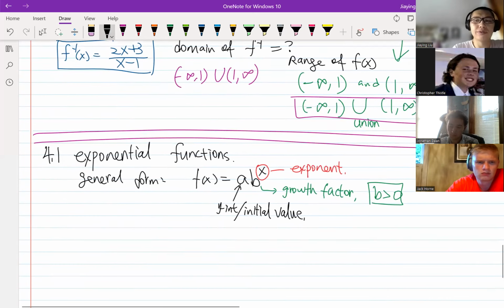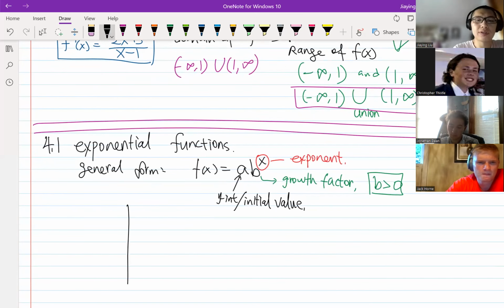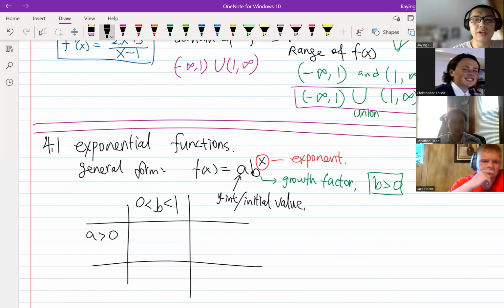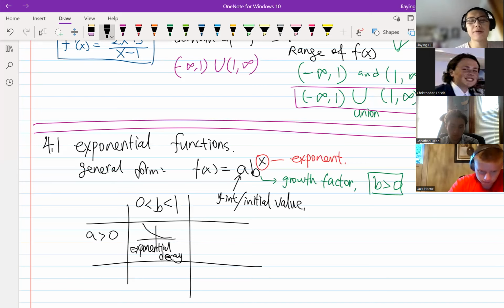All right. So graph-wise, let me just make a quick table. Suppose a is positive. If b is between 0 and 1, so b is positive, we get what's called an exponential decay graph. So this is an exponential decay if b is less than 1.